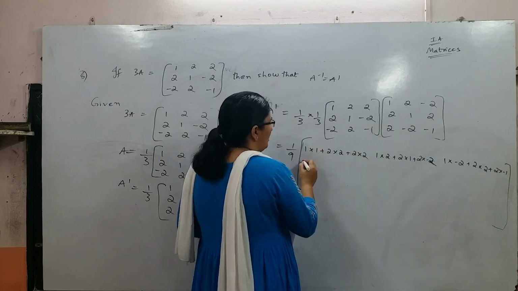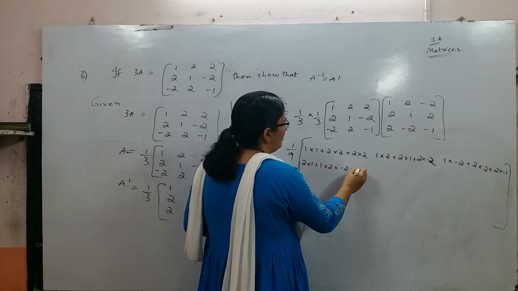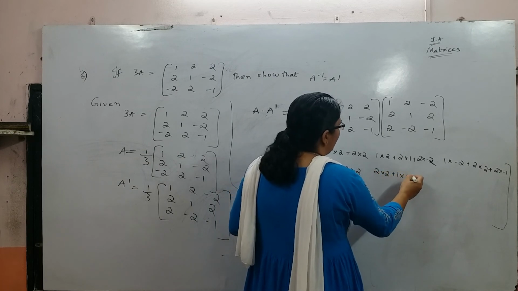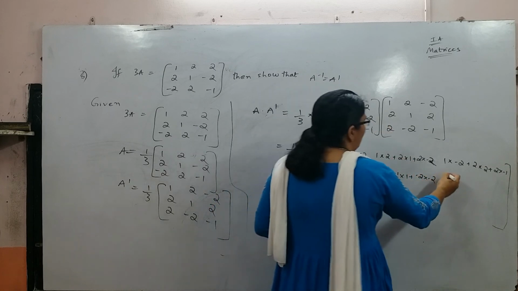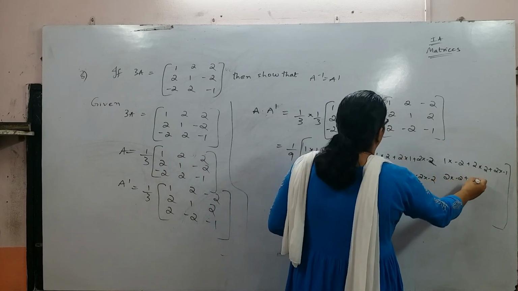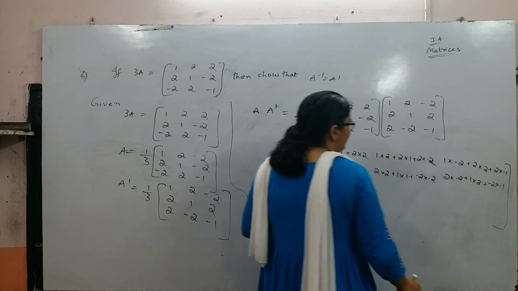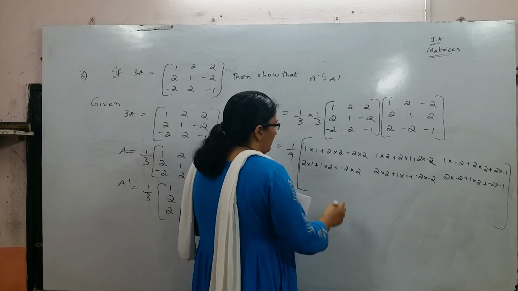Next, 2 into 1 plus 1 into 2 plus minus 2 into 2. 2 into 2 plus 1 into 1 plus minus 2 into minus 2. 2 into minus 2 plus 1 into 2 plus minus 2 into minus 1. Right.